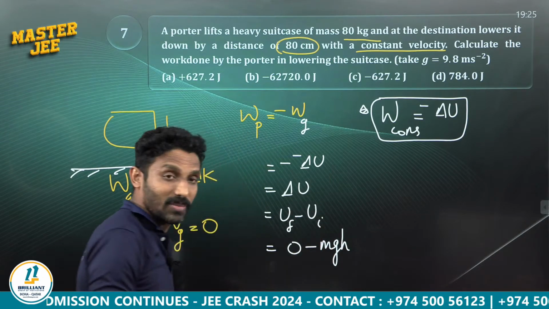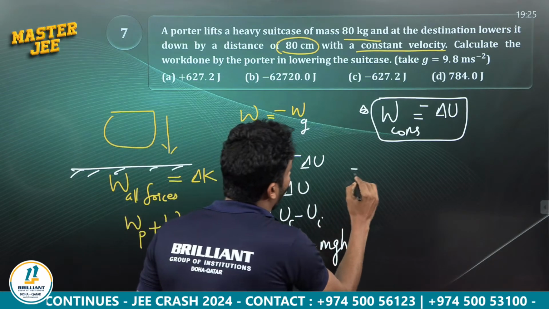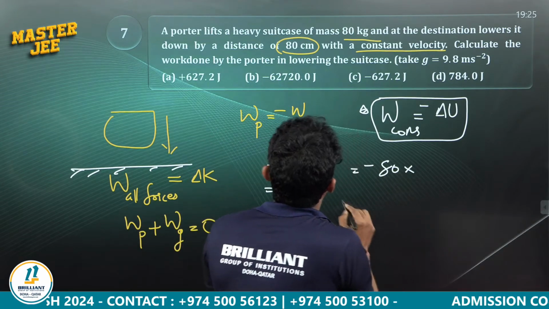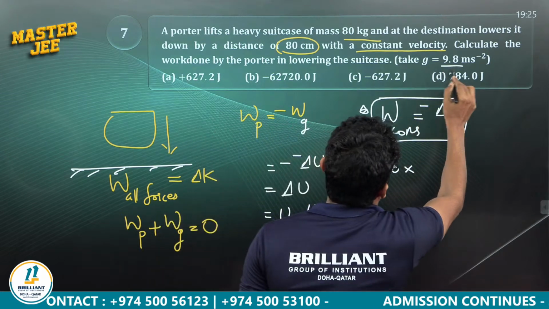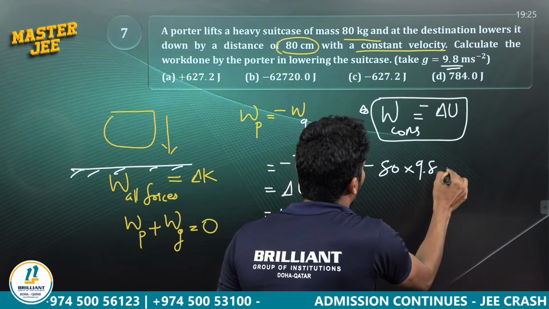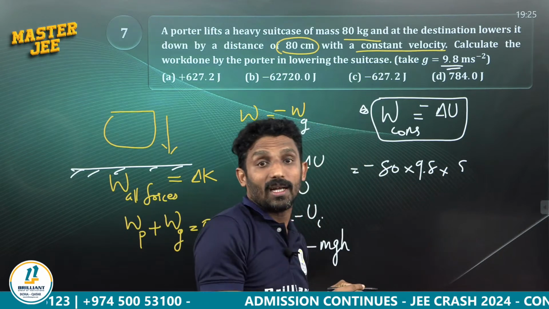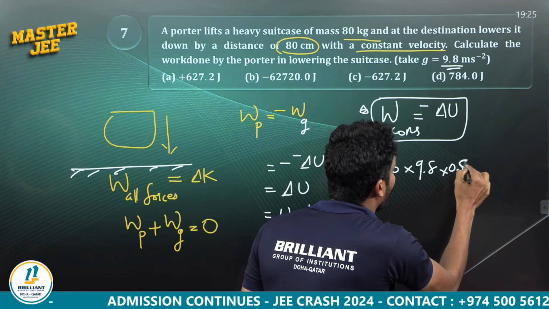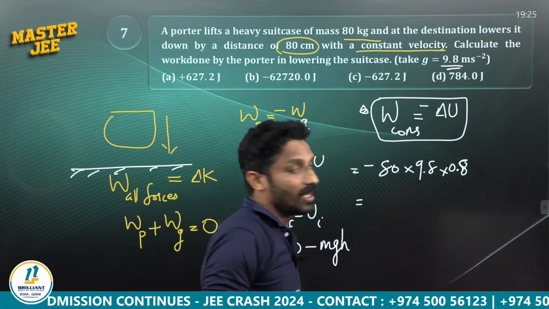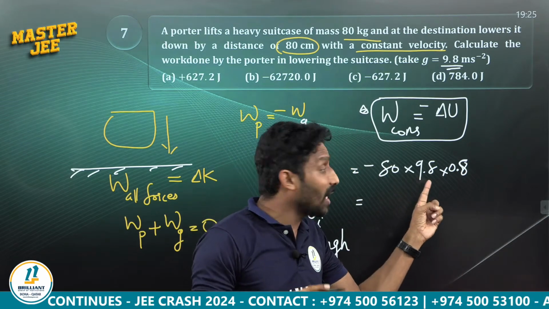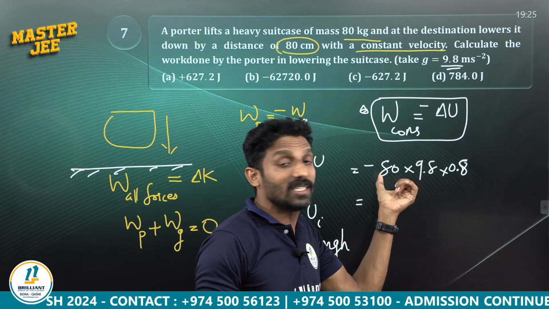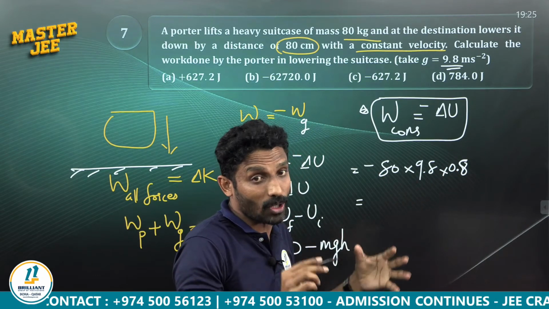This is equal to minus, mass of the suitcase is 80, take g as 9.8 and h is 80 centimeter, which means 0.8. If we consider g approximately as 10, 10 into 0.8 is 8, and 8 into 80 is equal to 640.